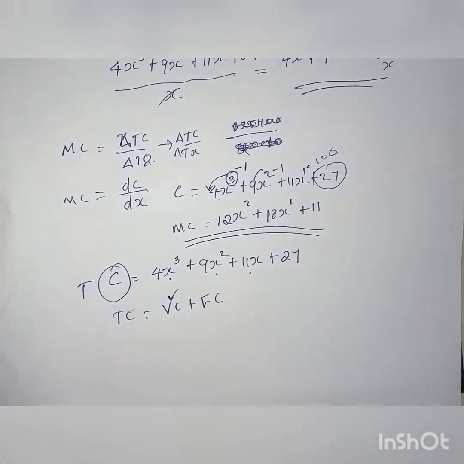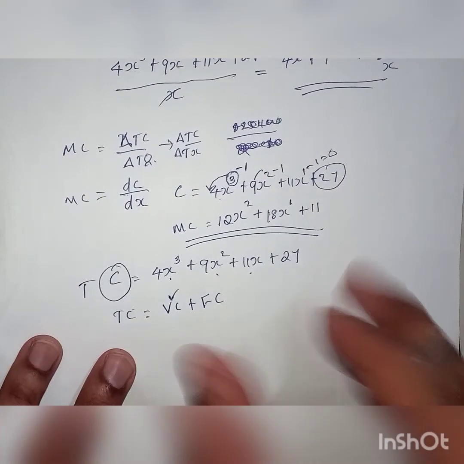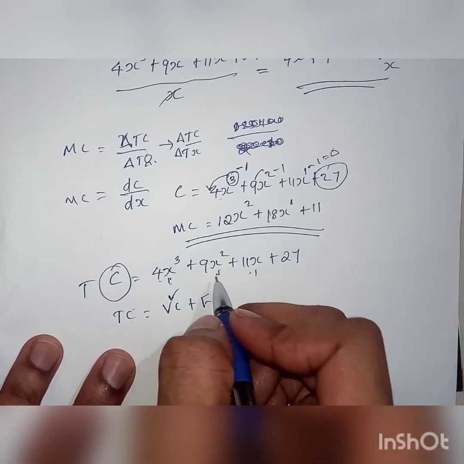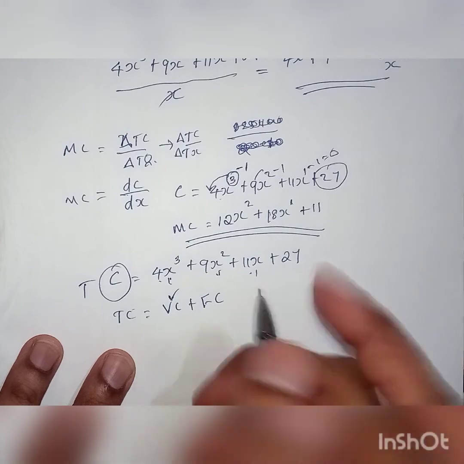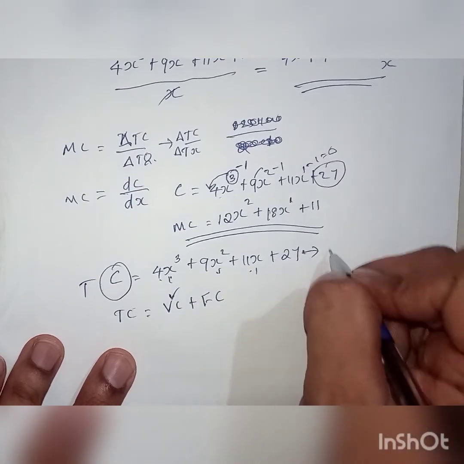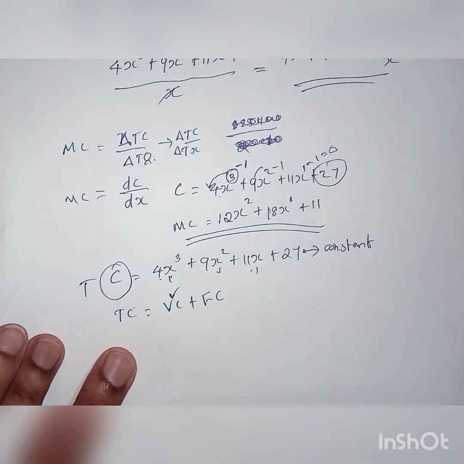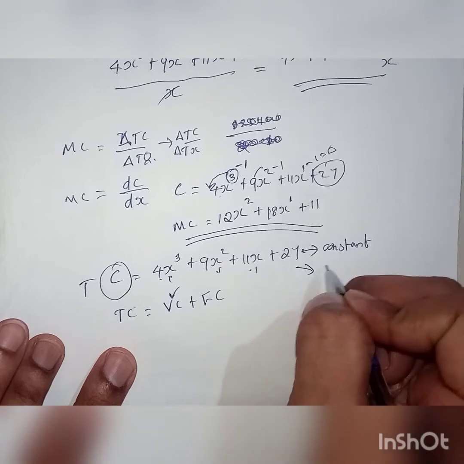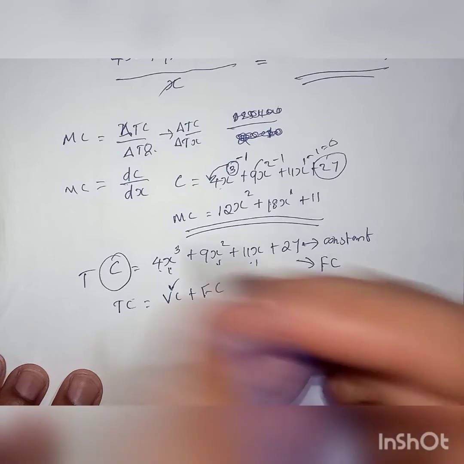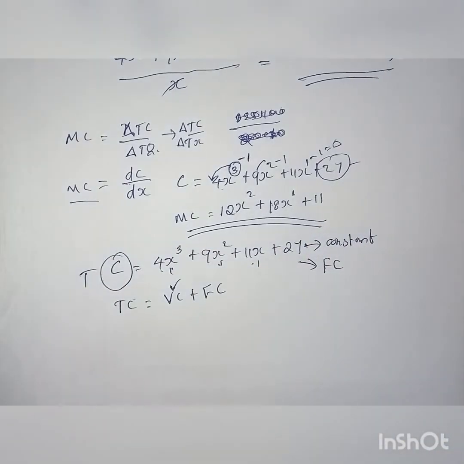Variable cost will change according to change in quantity. Will fixed cost change? No, it will not change. So whatever the change in x, the variable cost, and hence the total cost, will change. But here we don't have any x, so this is always constant, because change in quantity will not affect this 27, and it is the fixed cost. This is the reason why this 27 is not considered while calculating marginal cost.